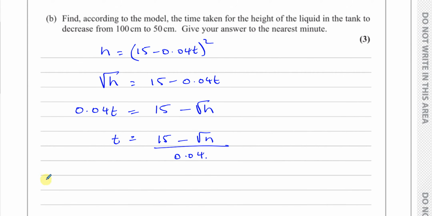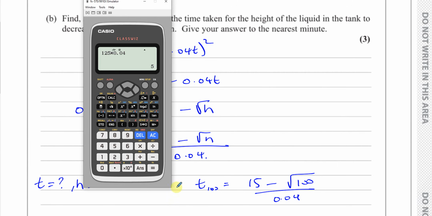Now we want to find the time between it's decreasing from 100 centimeters to 50 centimeters. So let's find out what the time is when the height has reduced to 100 centimeters. The time for it to reach 100 centimeters is going to be 15 minus the square root of 100, over 0.04.